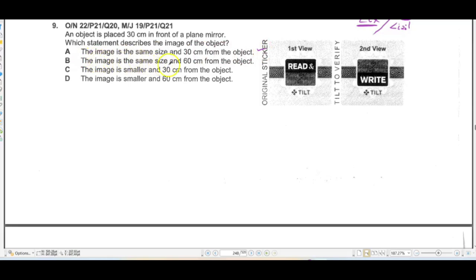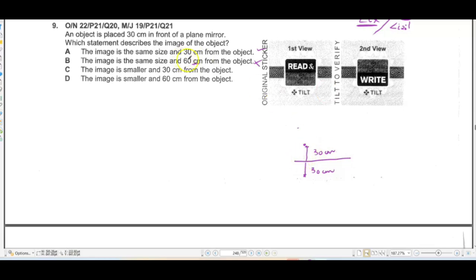The image is of the same size and 60 centimeters from the object. The distance of the object from the mirror is the same as the distance of the image from the mirror. Okay? Image distance and object distance are the same. If the object is 30 centimeters from the mirror, then the image should also be 30 centimeters from the mirror.